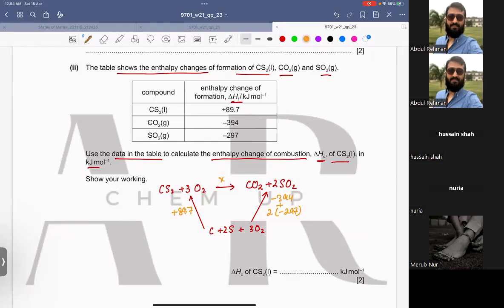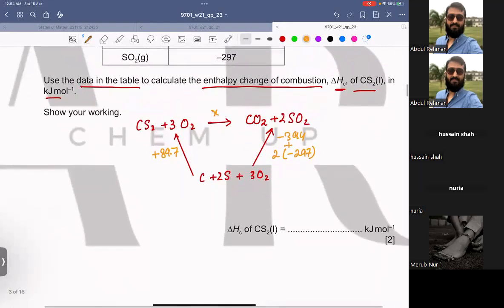So if you look at the arrows, you can easily make the expression that positive 89.7 plus X gives you minus 394 plus 2 times minus 297.